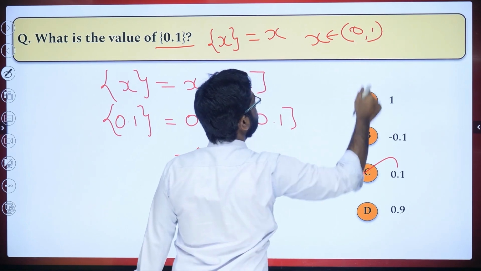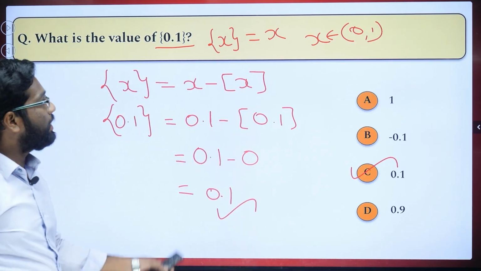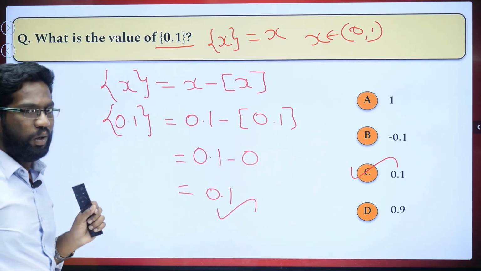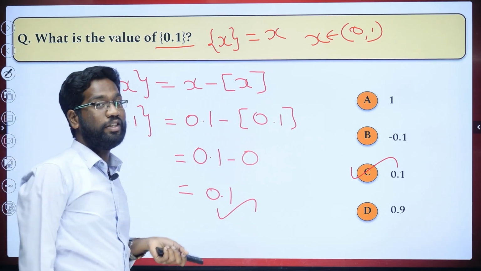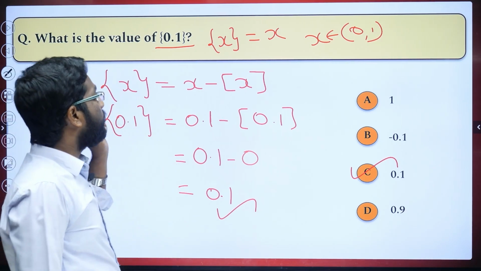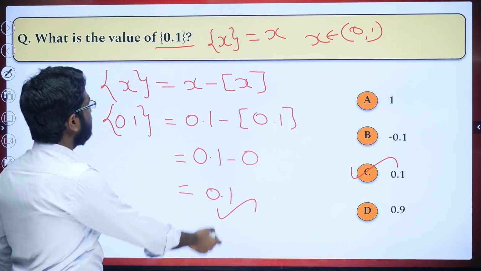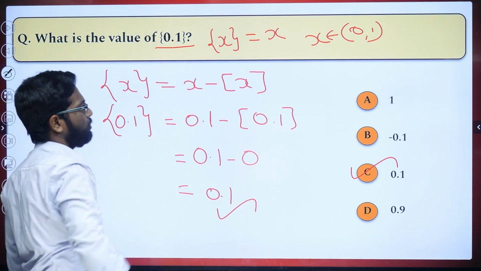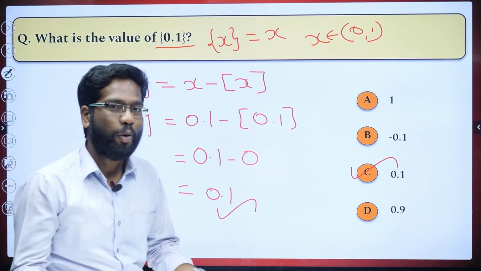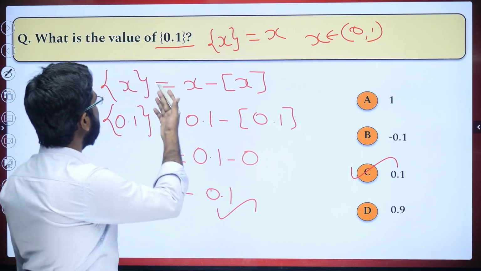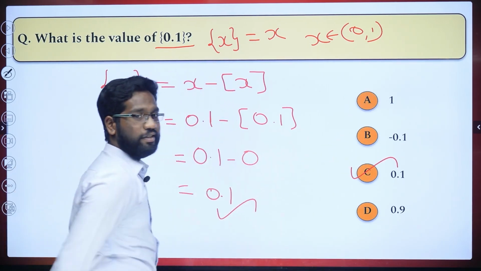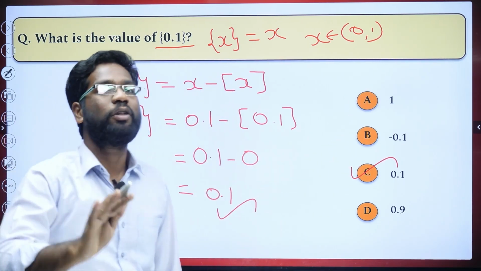Okay. So when it is between 0 and 1, not 0, my dear students, if it is 0 it is 0 only. When it is between 0 and 1, your answer is again x only. If you know this property beforehand, whenever you see it, you can directly take the answer 0.1, you need not solve the problem.